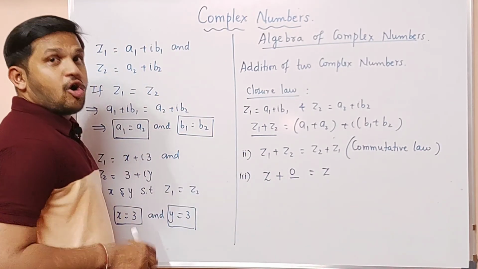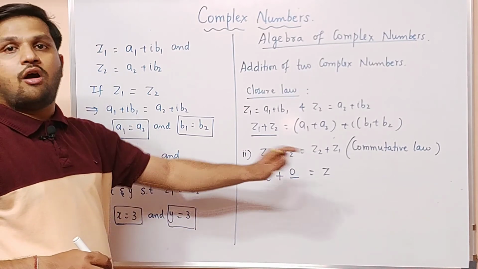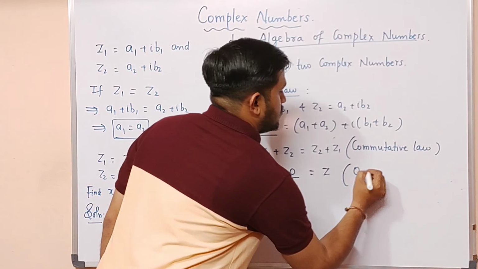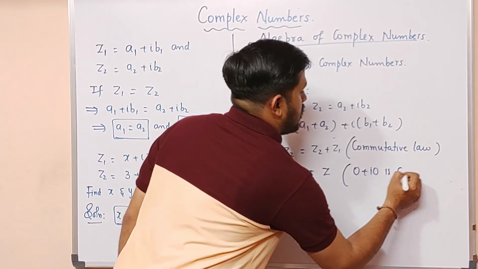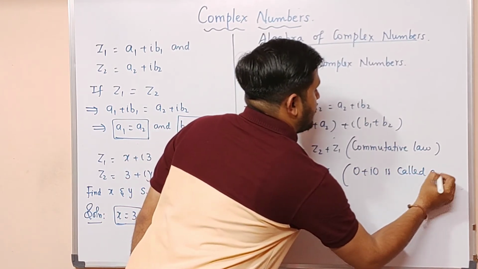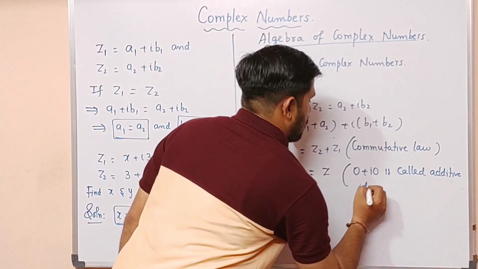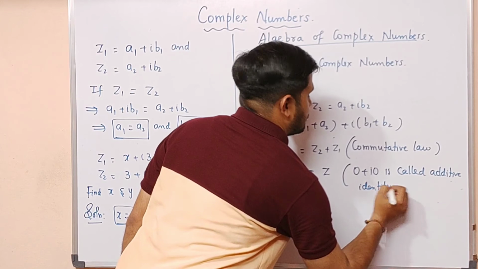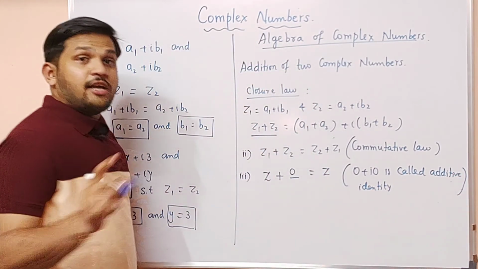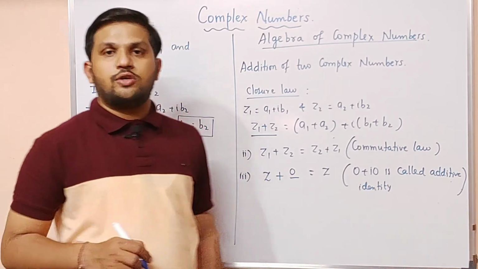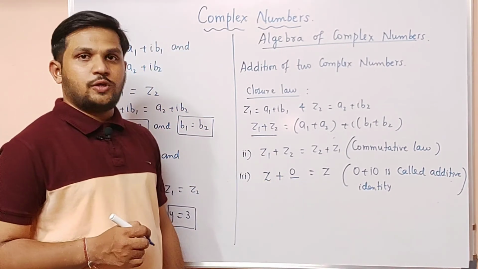This 0 plus i into 0 is called the additive identity of a complex number z. The additive identity of any complex number z is 0 plus i into 0, which I can represent as 0.